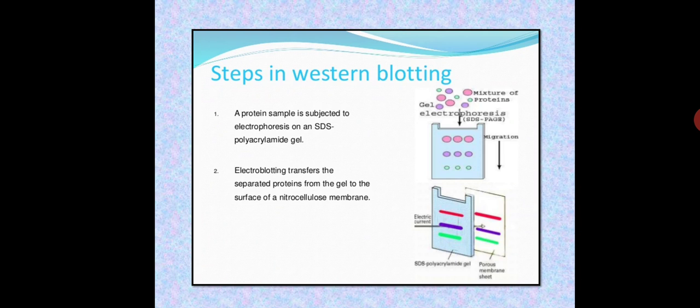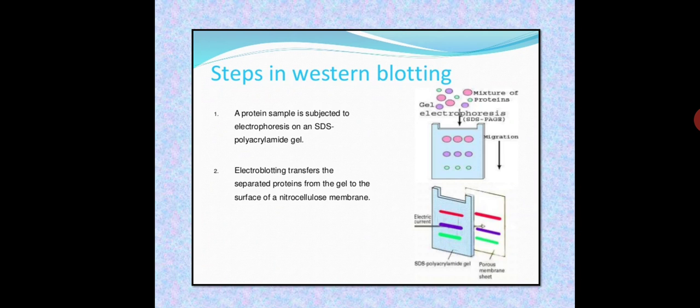That is the characteristic of acrylamide gel. So separation is done on the basis of size, shape and mass, and also charge. According to that, the molecules are separated.